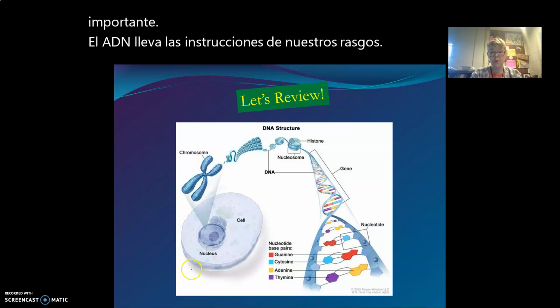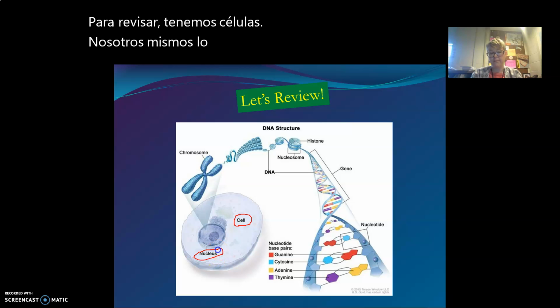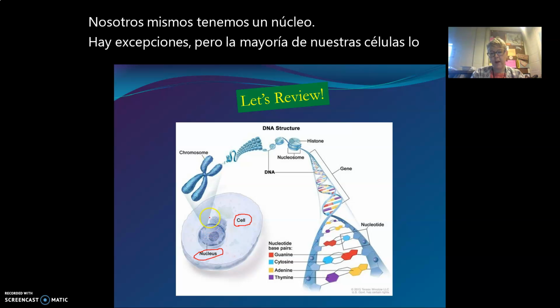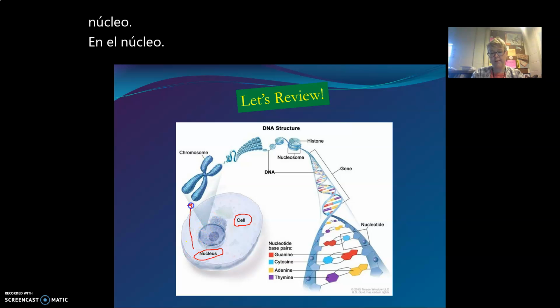To review, we have cells. Our cells have a nucleus. There are exceptions, but most of our cells have a nucleus. In the nucleus are 46 chromosomes. Humans have 46.